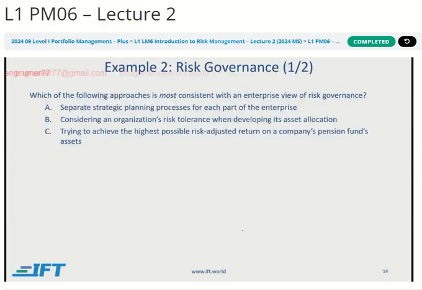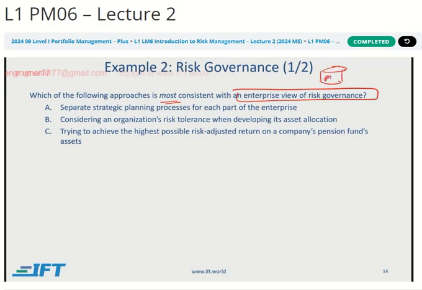Let's have a look at a few questions before we move on. Which of the following approaches is most consistent with the enterprise view of risk governance? So we're looking at an enterprise-wide view. People who don't follow the enterprise-wide view look at things in silos. A very common phrase you'll see is that risk management is being done in silos.